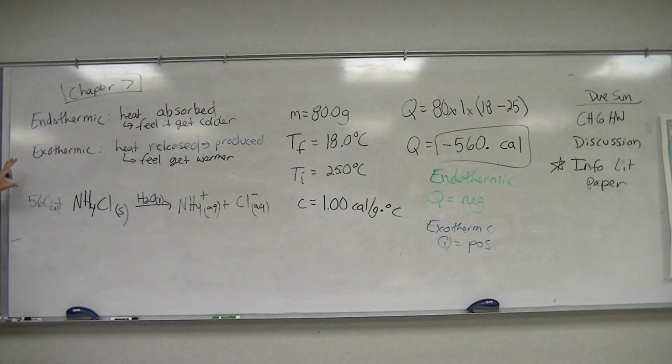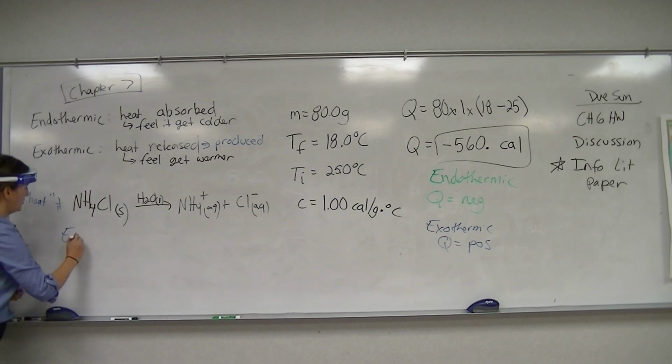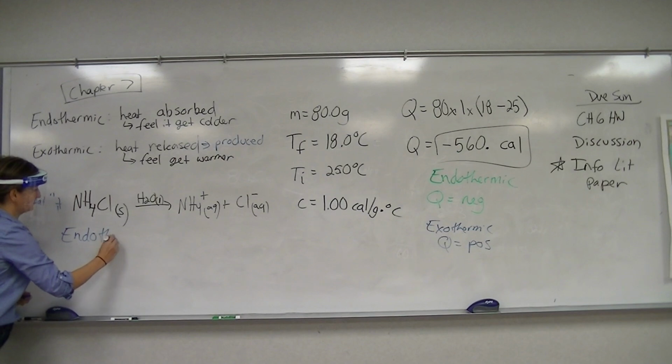In an endothermic reaction, you're going to see the heat on the reactant side. And oftentimes, they don't even put a value here. They'll just put heat. Because they don't want to calculate the value, they just know it happens to be endothermic, so there's some sort of value over here. So this is an example of endothermic.